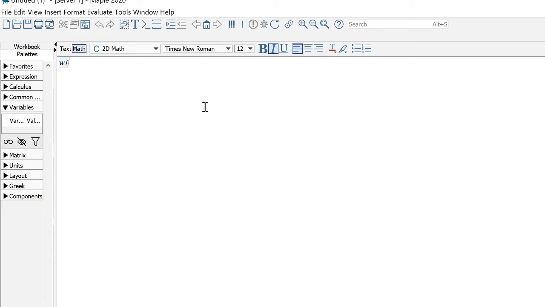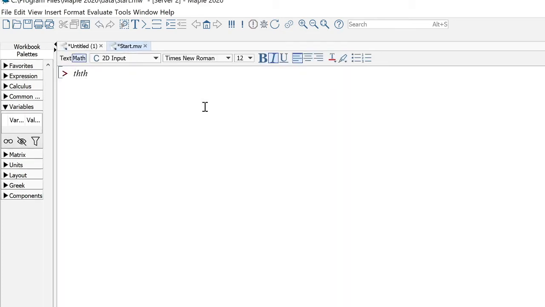So I'm going to use Maple to plot a few Riemann sums, in particular the example that we just did in the part right before this one.